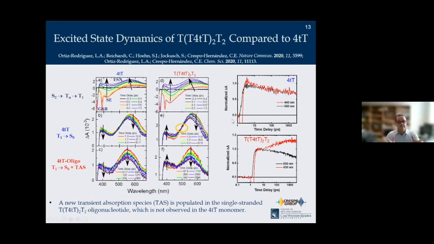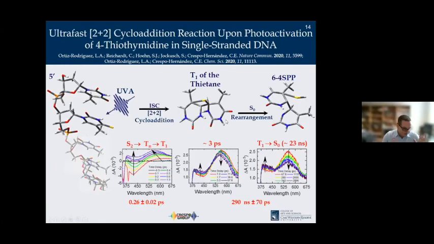And so all this information suggests that we actually are detecting that transient species, and with more experimental and theoretical support that we have shown in this paper, we have characterized that to be the triplet state of the Thietane intermediate, which is formed, which then decays to the ground state, and in the ground state decays to form the 6,4 photodimer.